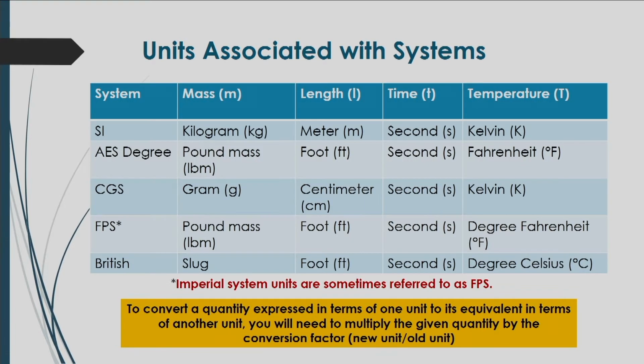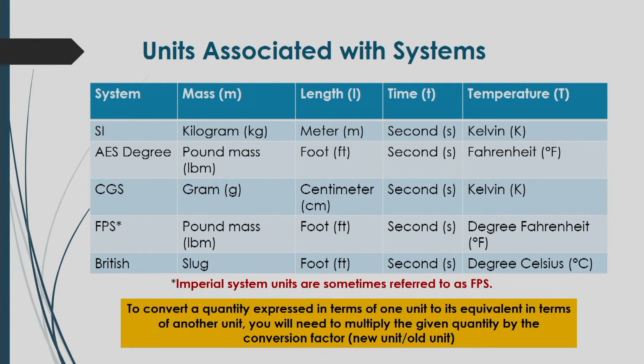And next you will see the units associated with the systems. In this slide, in a table, the units of mass, length, time and temperature are given for the different systems. So, please go through the units of mass, length, time and temperature based on the different systems.